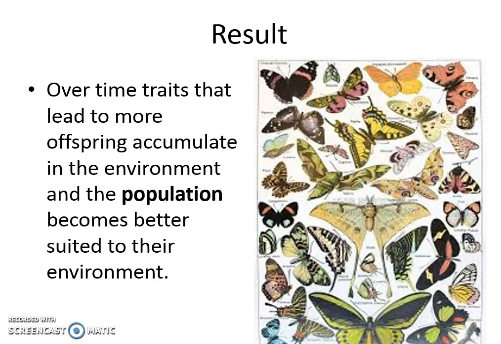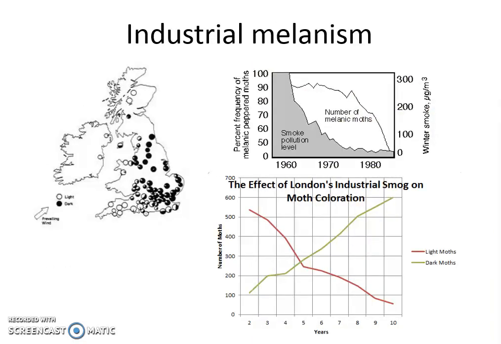And that's pretty much it. That's natural selection. The example we were using with the moths with the light and dark colors was something called industrial melanism, and they actually saw this in action with the Industrial Revolution. You had an increase in air pollution, and it started to change the color of the trees.